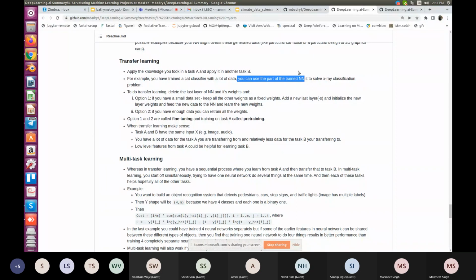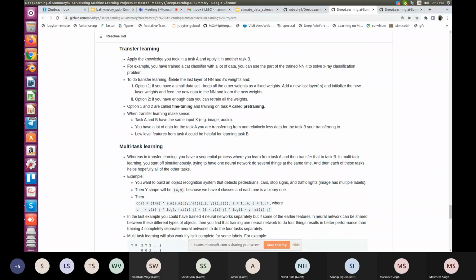To do the transfer learning, you delete the last layer of the neural network and its weights. Option one is, if you have a small data set, keep all the other weights fixed. Just add a new last layer, initialize the new layer weights, feed the new data to the neural network and learn the new weights.